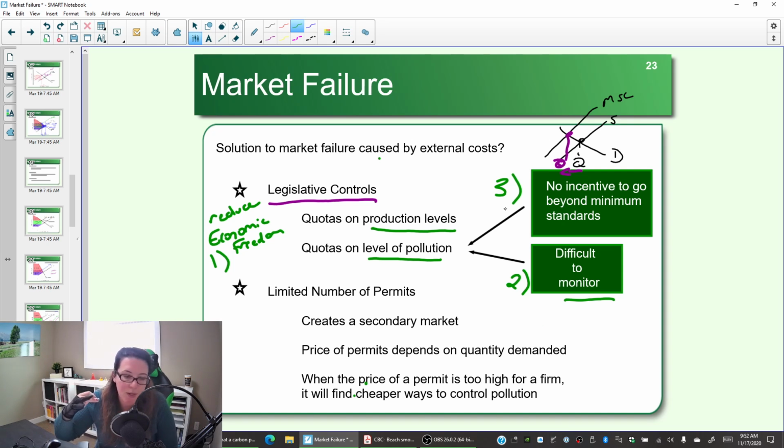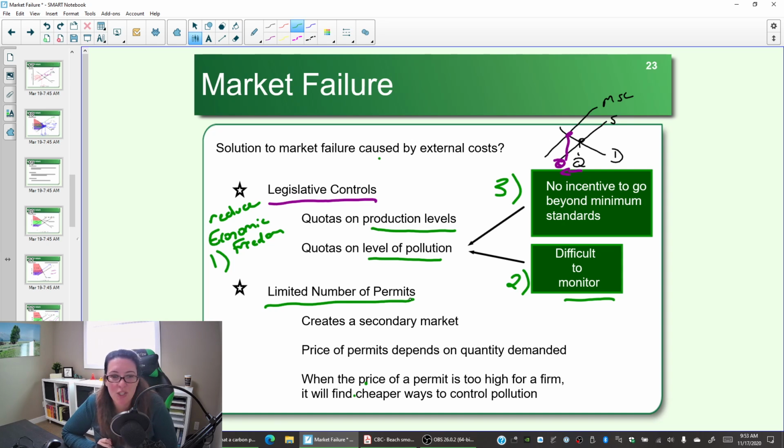So yes, you're keeping the total amount of pollution down because you've set a quota, a maximum amount they can pollute, but there's no real incentive for a business to pollute even less, right? It's not beneficial to them from a profit standpoint because all they have to do is meet this quota amount set by the government, which is why economists like this third solution.